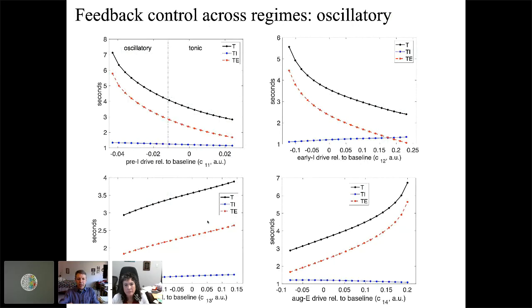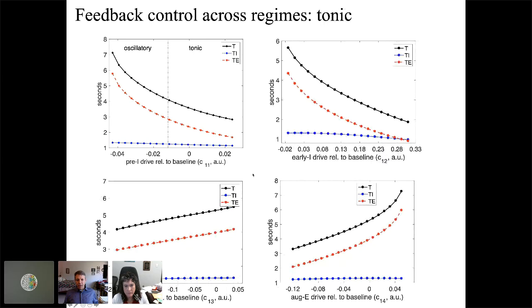Okay, now here I have two examples where I have varied the drive to each population separately. And I'm looking at these period, inspiratory duration, expiratory duration as a function of drive. And here I have the prebot tuned in these three plots to be oscillatory.